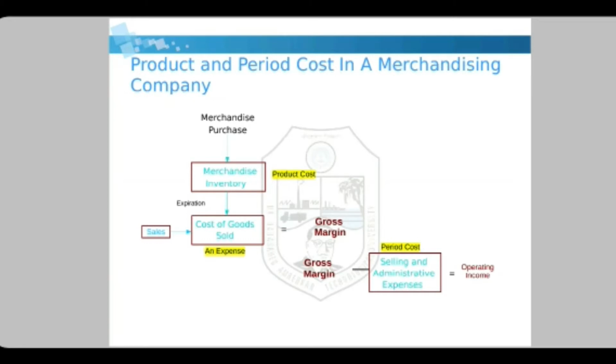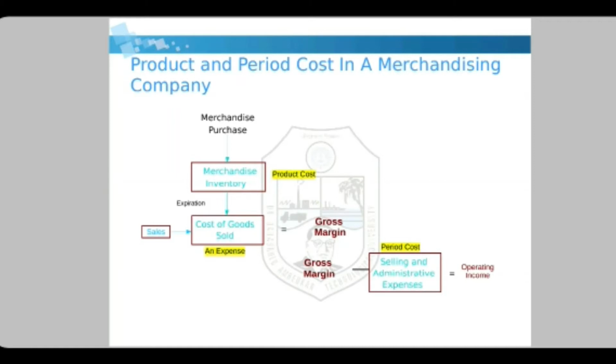Now, merchandise inventory. Let's say that the merchandising company is selling steel bars. They buy 1000 kilograms of steel bars, then they sell 100 kilograms of steel bars to some other company. Merchandise inventory will contain the cost of the 900 kilograms of steel bars that they have stored and not sold yet, and the cost of goods sold contains the cost of the 100 kilograms of steel bars that they sold.